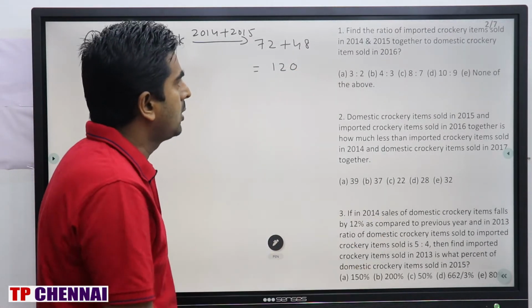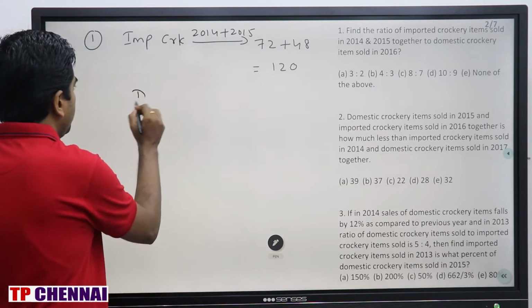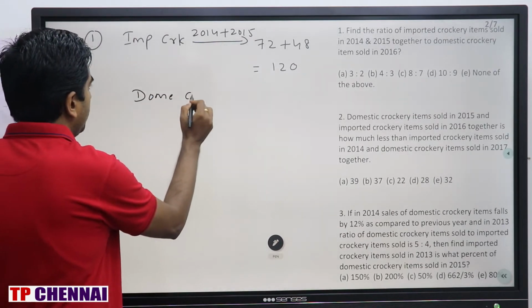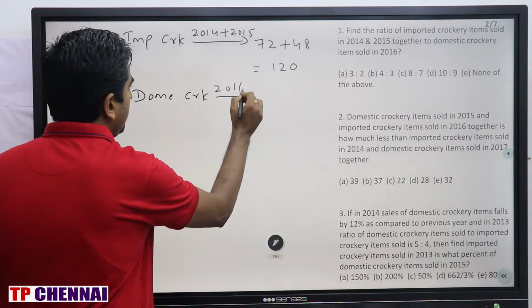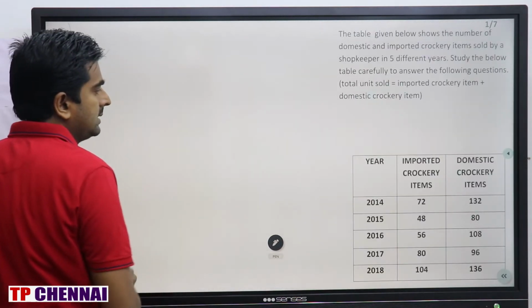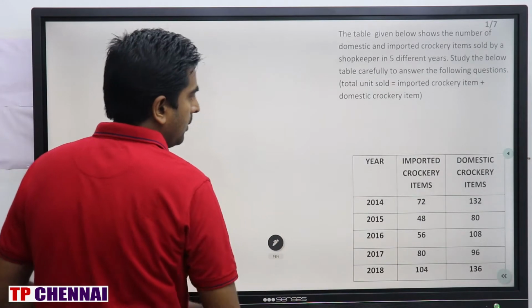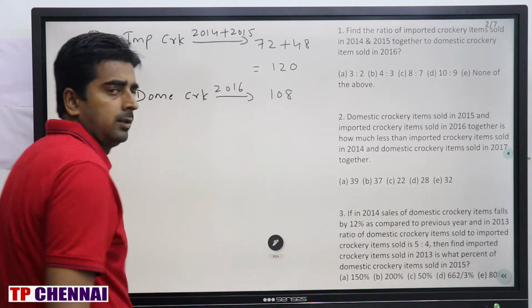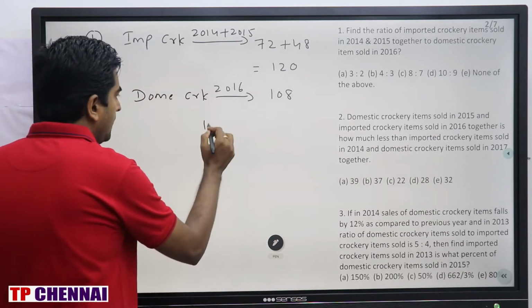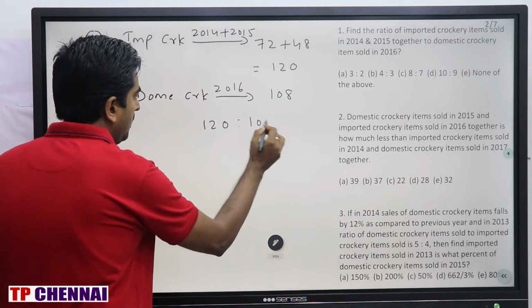To the domestic crockery items in 2016, domestic 108. So the ratio they are asking is 120 is to 108.